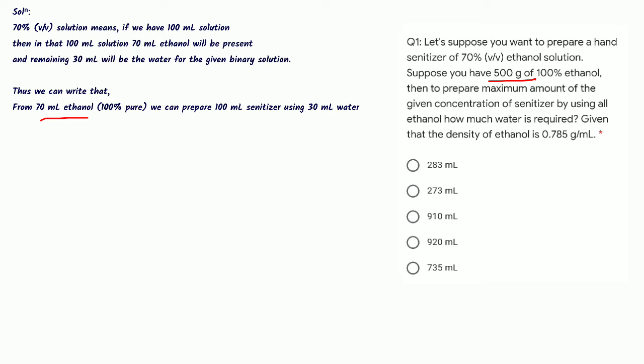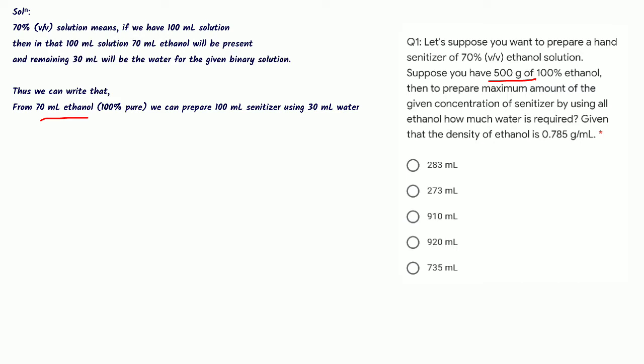So we have to convert the given amount, 500 gram, into ml. We can easily convert this 500 gram into ml by using the density relation. And here it is given that the density of ethanol is 0.785 gram per ml.